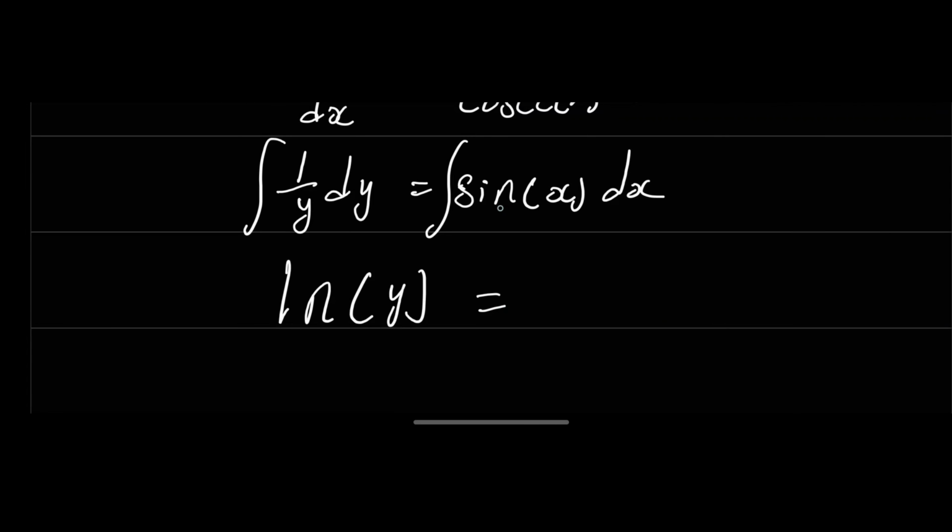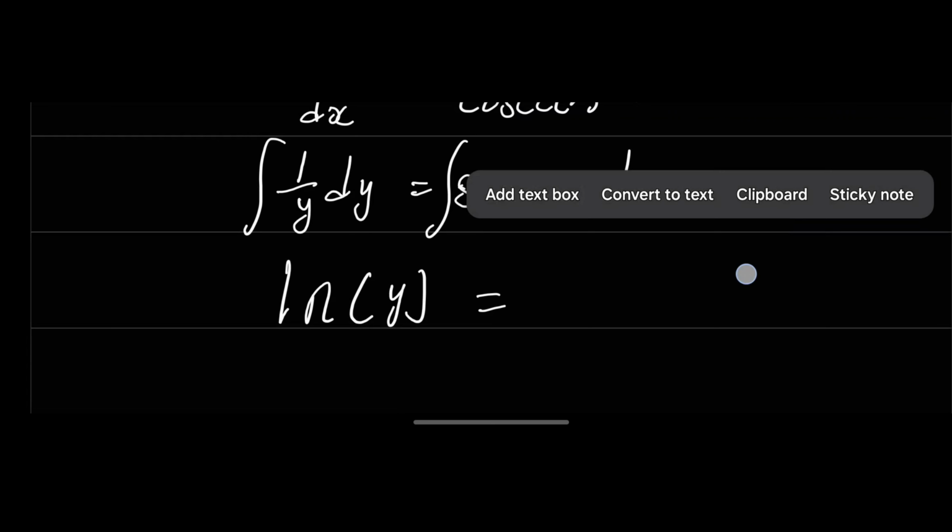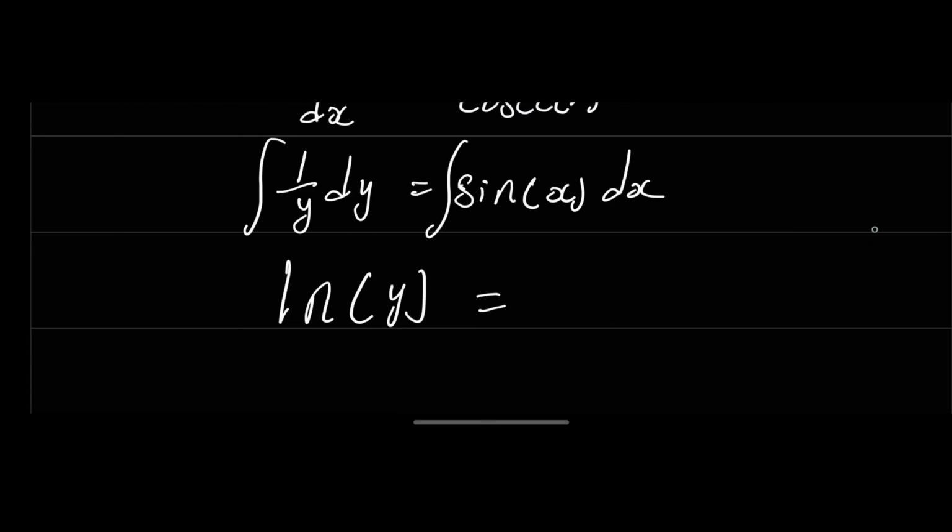Now, what's the integral of sine? Okay, how you will know this is to map the differentials. You know that the differential of cosine is negative sine. So that means if you are integrating sine back to cosine, you would have to get a negative cosine, right?